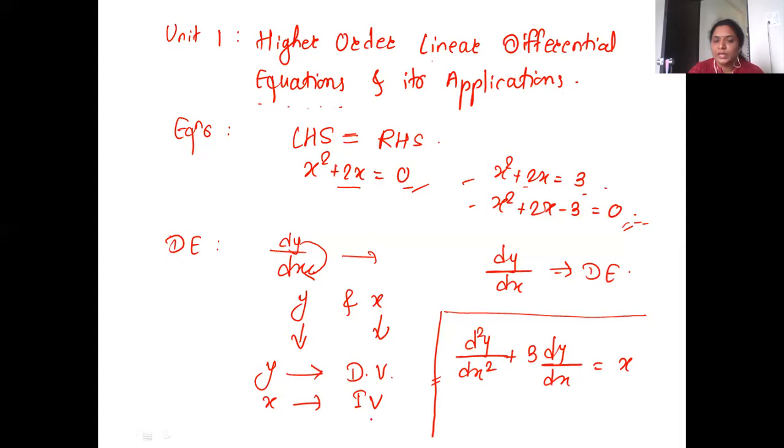Yes or no? Yes, there is a derivative term, first order. There is also a double derivative, d2y by dx square. So there is an equal sign, a valid RHS, a valid LHS, and a derivative. So this is a differential equation.